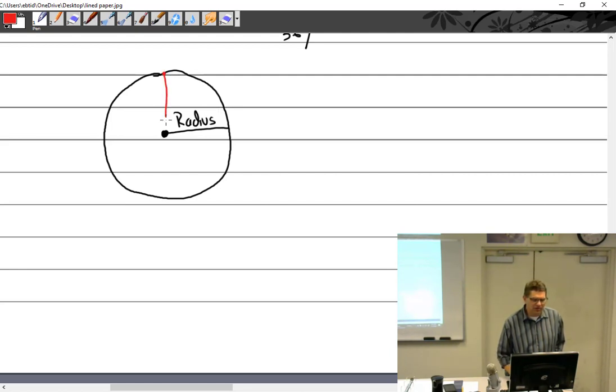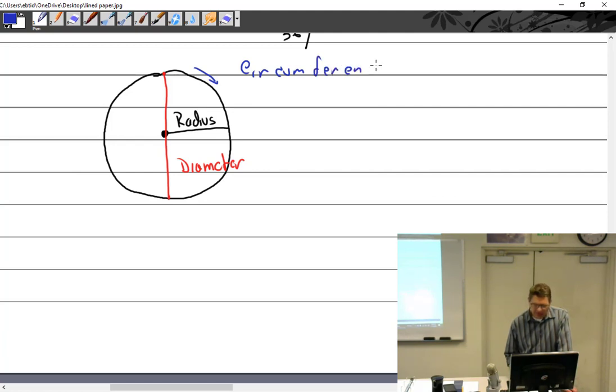From here to here is called the diameter. And all the way around, circumference. Let's see, C-I-R, this is why I have my paper, C-I-R-C-U-M-F-E-R-E-N-C-E, circumference.